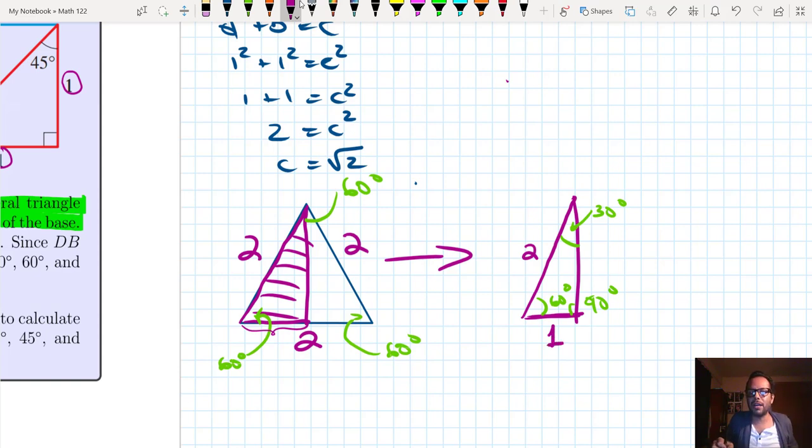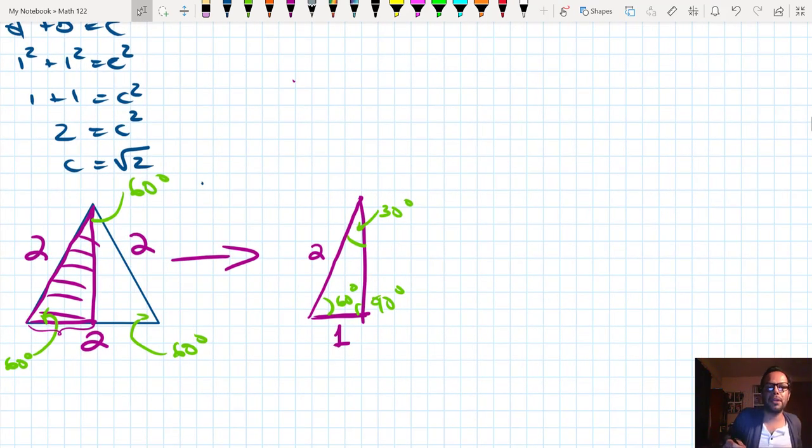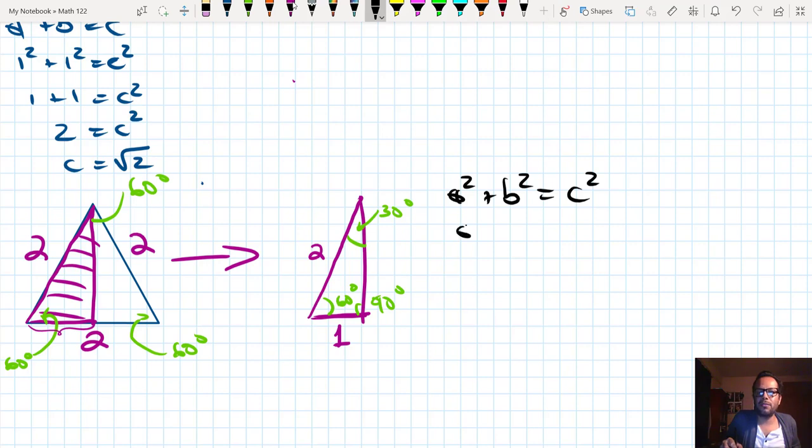So we need to figure out the length of the vertical side, right? To do that, we use the Pythagorean theorem. So a squared plus b squared equals c squared. We know that a squared is 1 squared, plus b squared, which we don't know, that's to find out, and then c squared equals 2 squared. So that's 1 plus b squared equals 4.